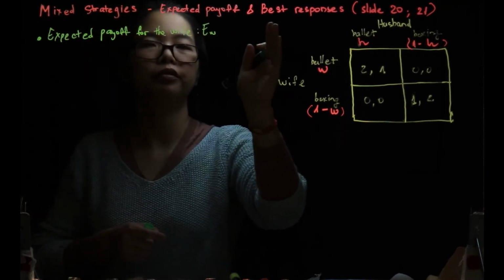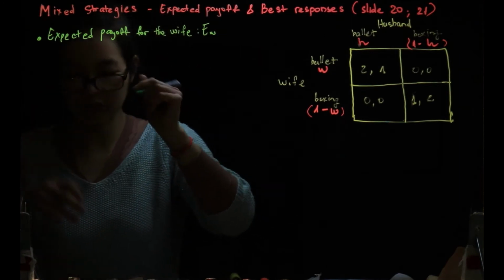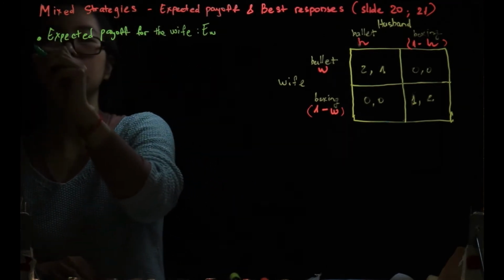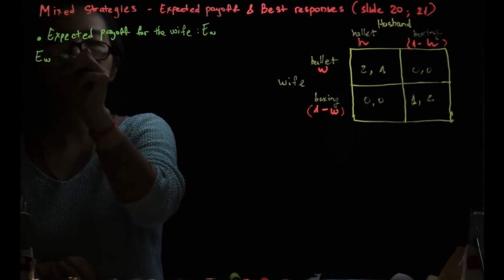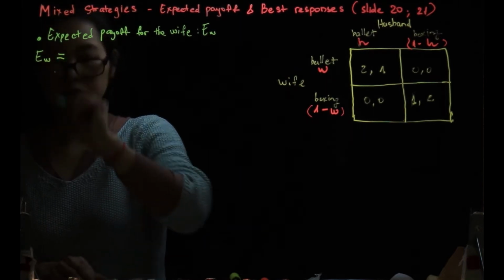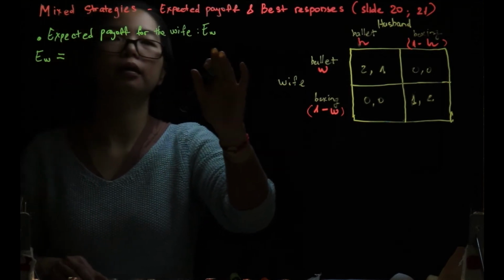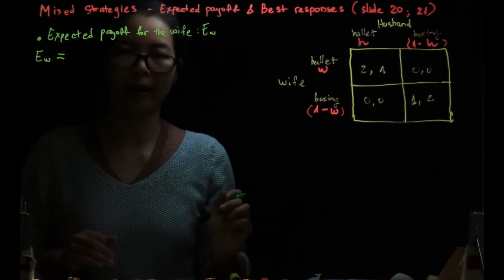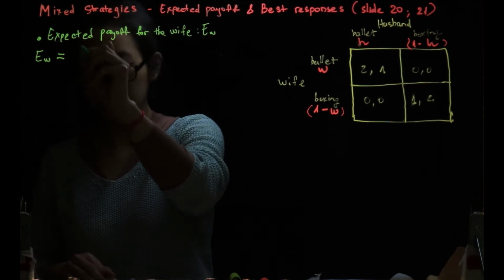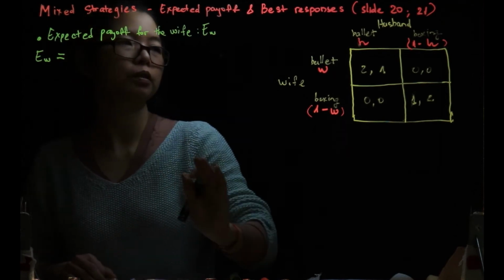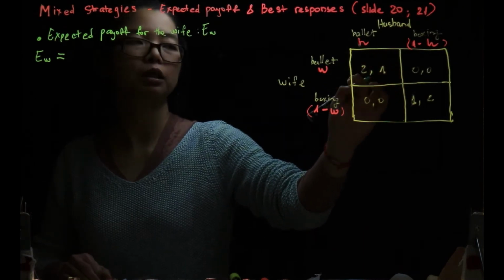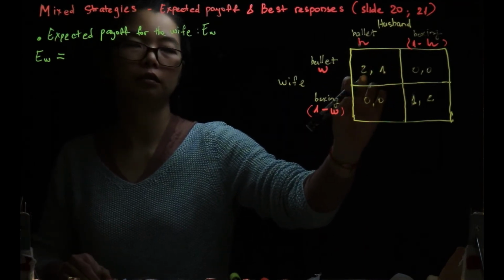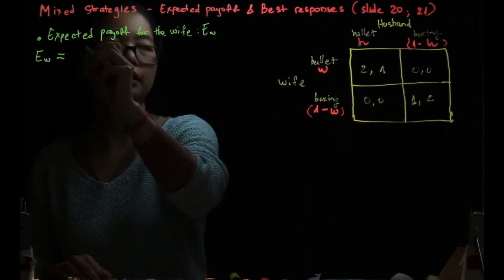I will abbreviate the payoff just to save space and time. Normally E is for expected, the expectation notation. EW equals the probability of each scenario times her payoff in the certainty case.